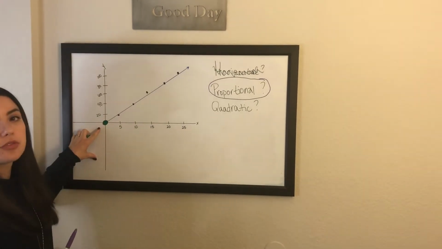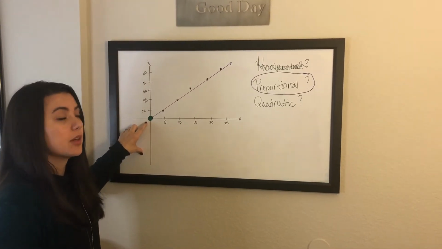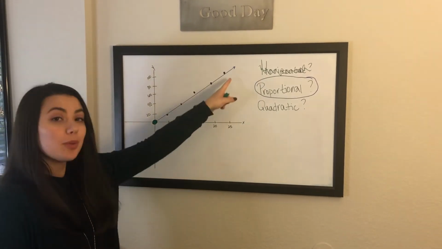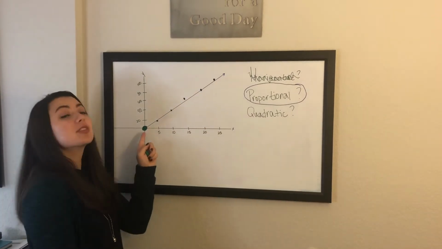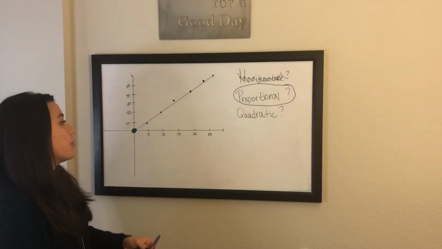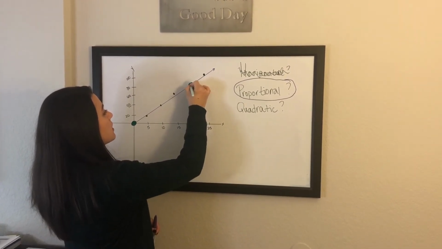This is going to be my first data point that I'm going to use to find the slope. The second data point, it doesn't really matter which one you pick. The farther away from this first data point it is, the more accurate your slope is going to be. So because of that, I'm going to pick this one. I'll make this a big green dot so you can see it too.